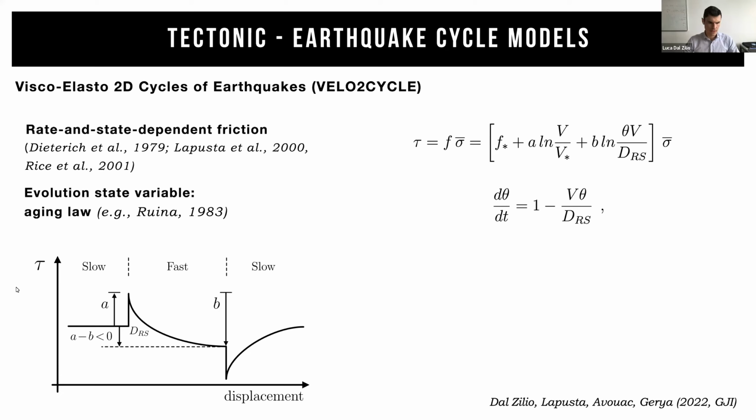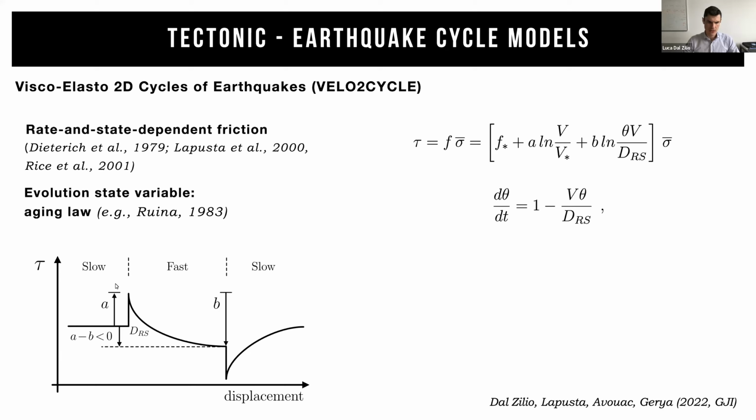Now, when we look at the distribution of the shear stress with the displacement, rate and state looks like this. When we have a certain steady state value of shear stress and we try to accelerate the fault, it will initially re-strengthen and then follow a phase of weakening.